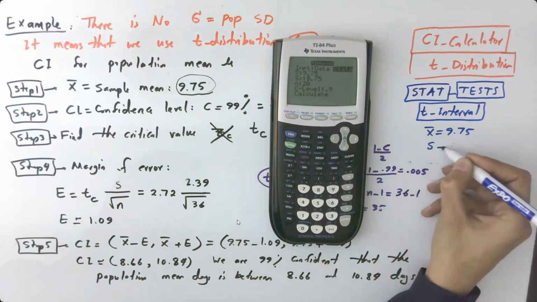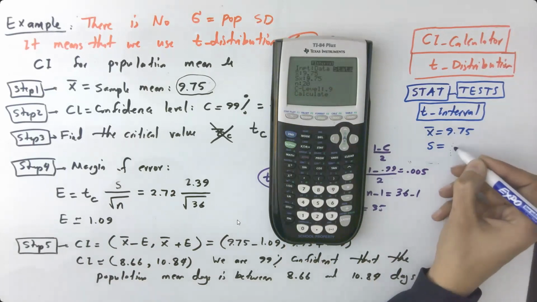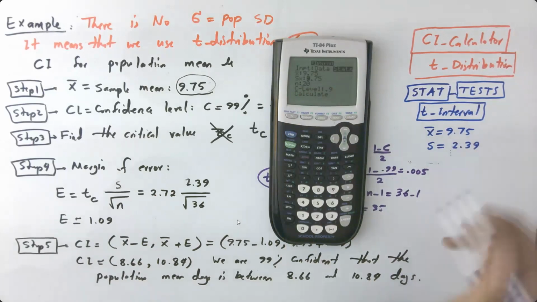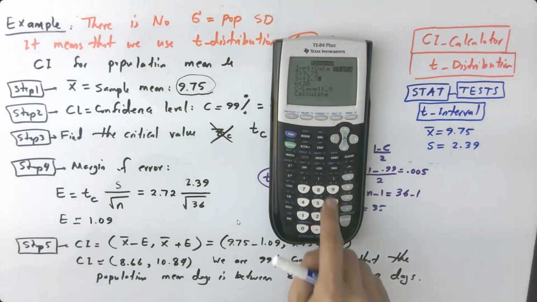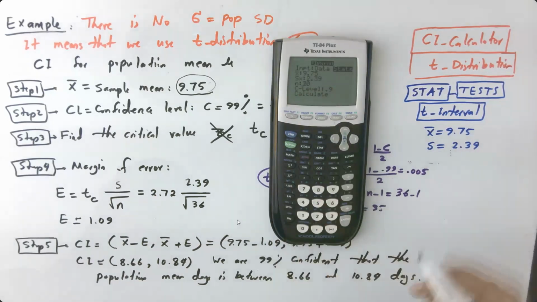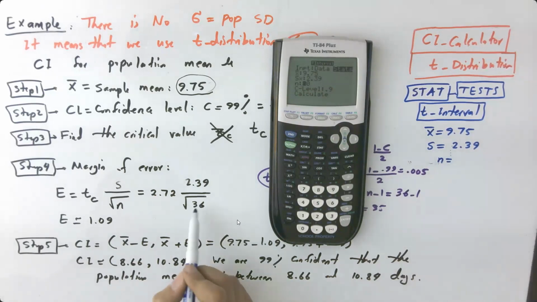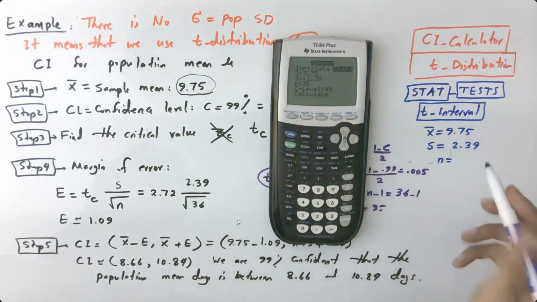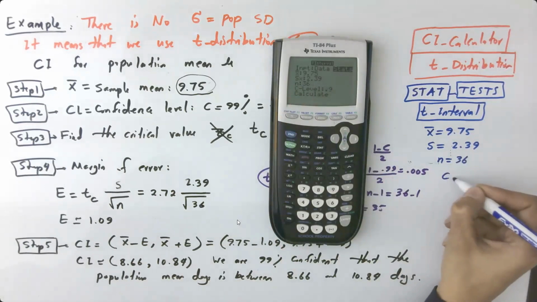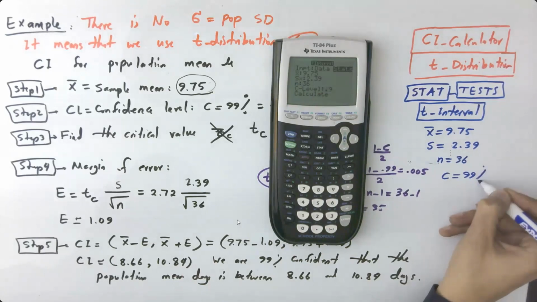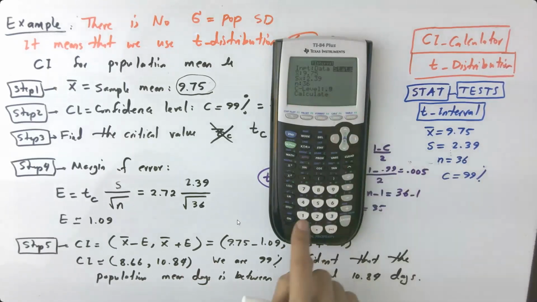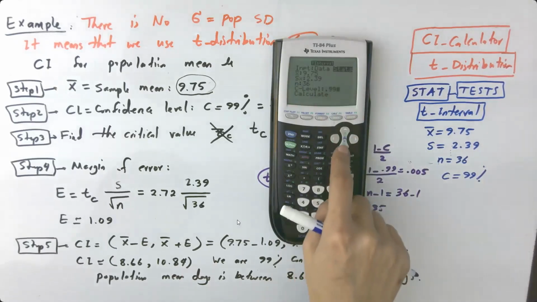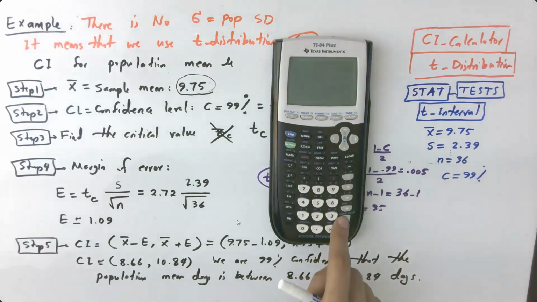What is the sample standard deviation? Sample standard deviation is 2.39. What is N? What is the sample size? It is 36. And what is the confidence level? It is 99%, or 0.99. Okay, let us do the calculation.